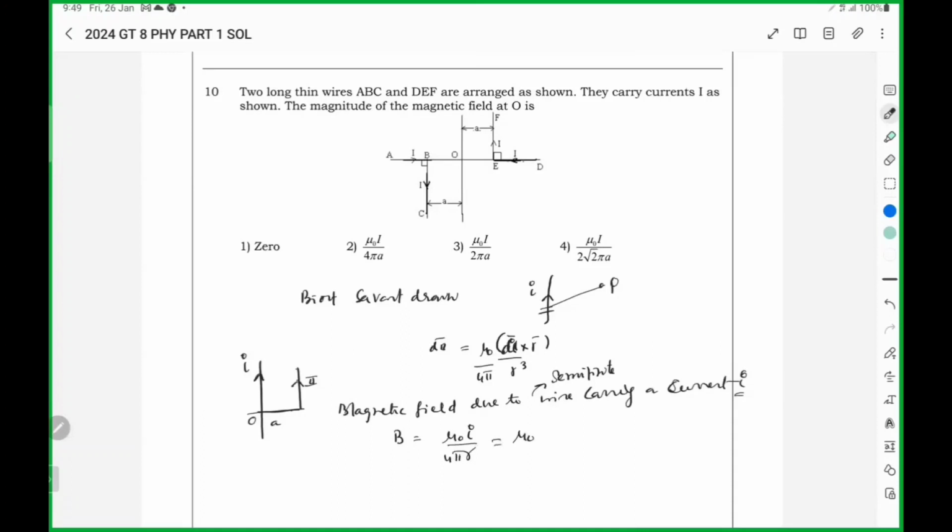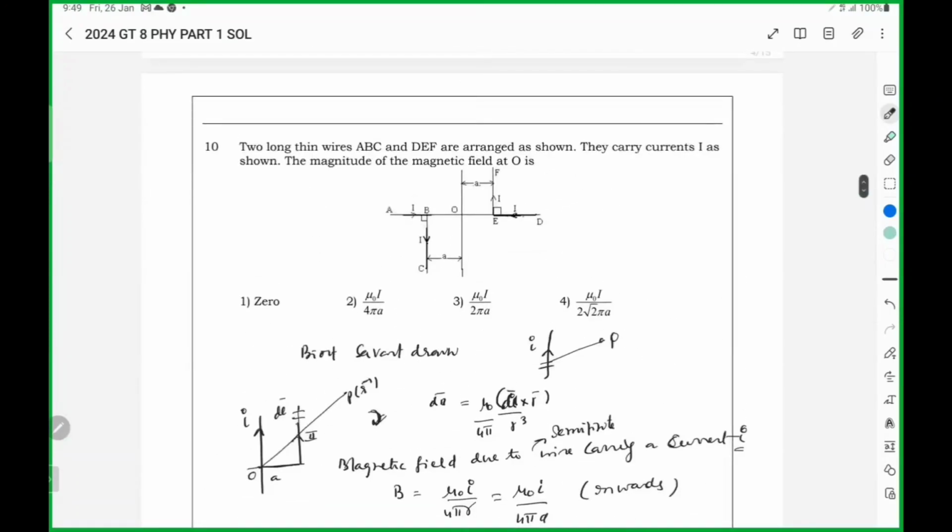That is mu naught I by 4 pi a. But here, what will be the direction? This is r bar. The current element is this. So dl cross r bar means the magnetic field will be inverse.